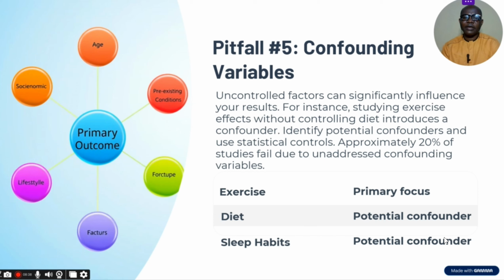We want to look at the effect of exercise on a group of individuals, on a cohort generally. So we must control confounding variables like diet or sleeping habits, because they are not the primary focus of our research. So the issue of managing confounders is very, very central to ensuring good credibility in our research finding.